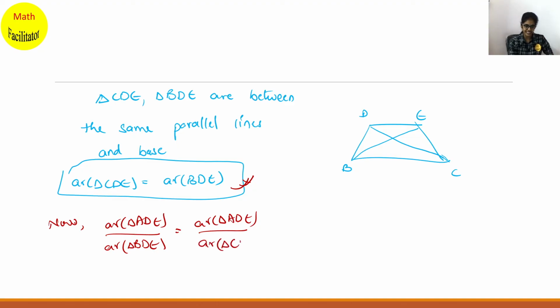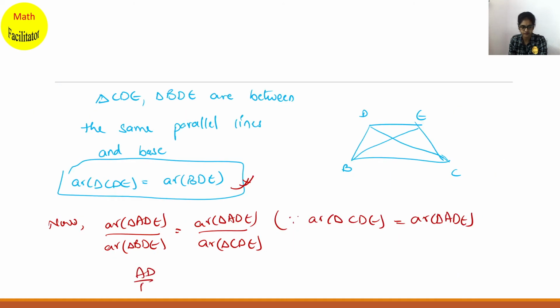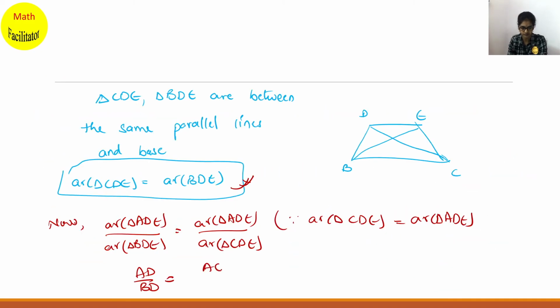Why? Since area of triangle CDE is equal to area of triangle BDE. Clear? But what is area of triangle ADE upon BDE? It is nothing but AD by BD. That is equal to area of triangle ADE upon CDE, which is AE by EC. So this is what you have to prove, isn't it?